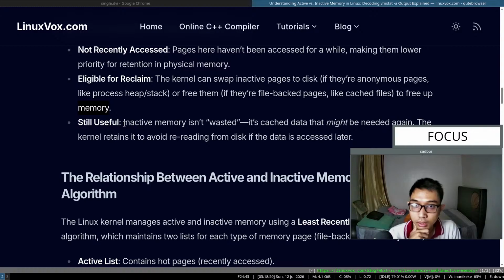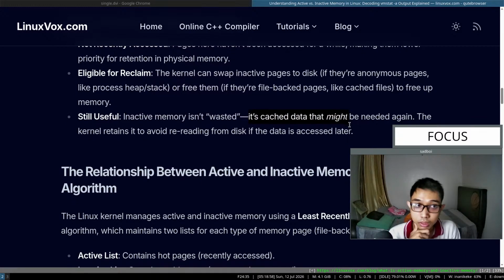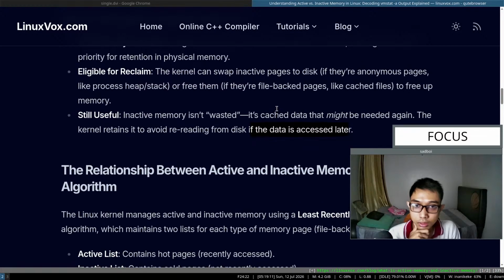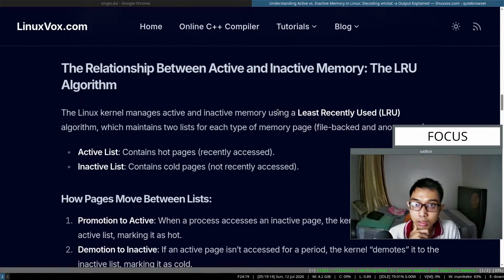Interesting. Still useful. Inactive memory isn't wasted. It's cached data that might be needed again. The kernel retains it to avoid rereading from disk if the data is accessed later. The relationship between active and inactive memory: the lists, least recently used.